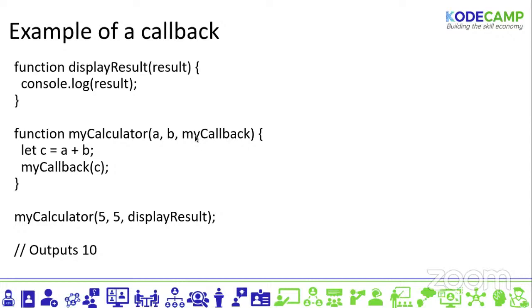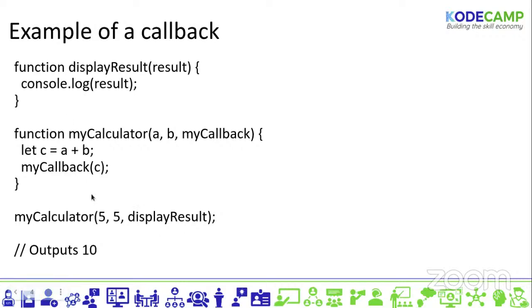When we pass that callback in as an argument here, we want to pass the result of adding the first and the second argument. We pass that to C, and when that callback runs, that callback is this display result, which will just console.log out the result.